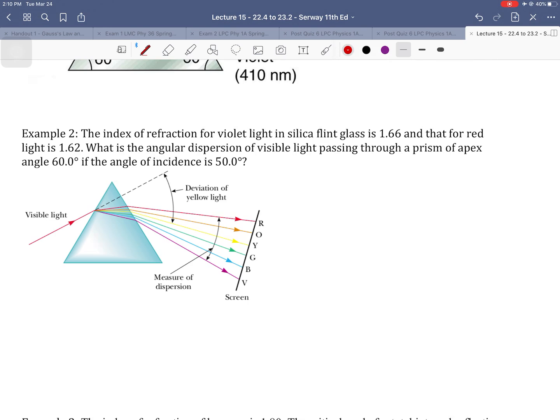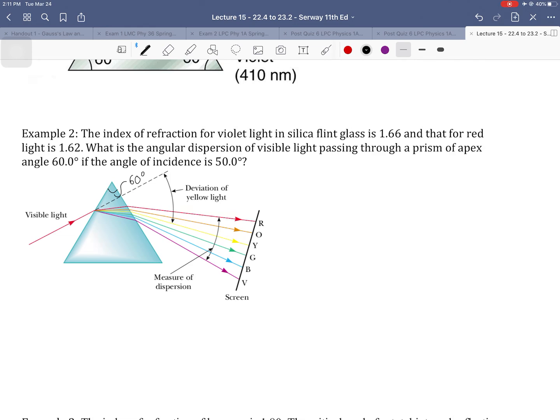What is the angular dispersion of visible light passing through a prism of apex angle of 60 degrees? This angle here is measured to be 60 degrees, and the angle of incidence is 50 degrees.